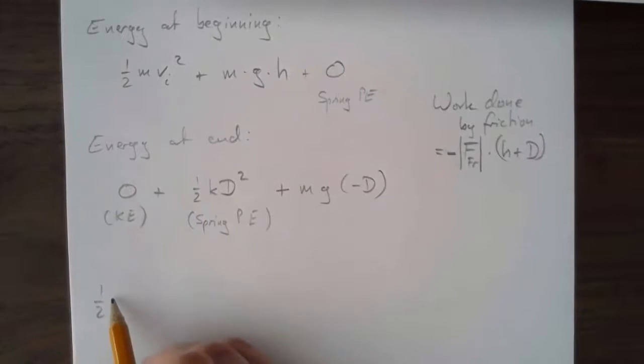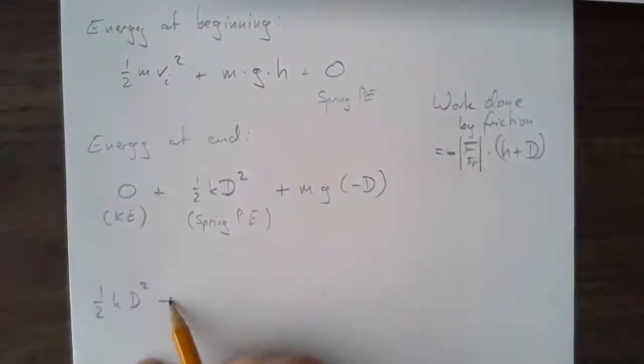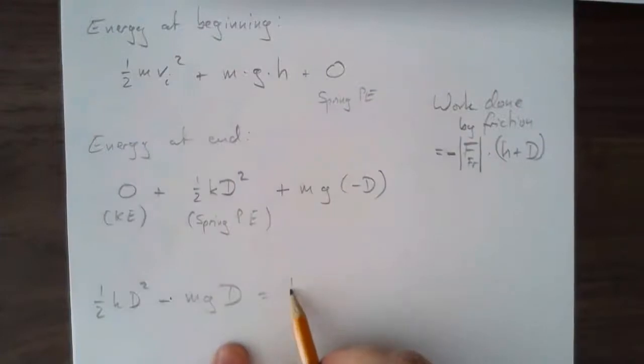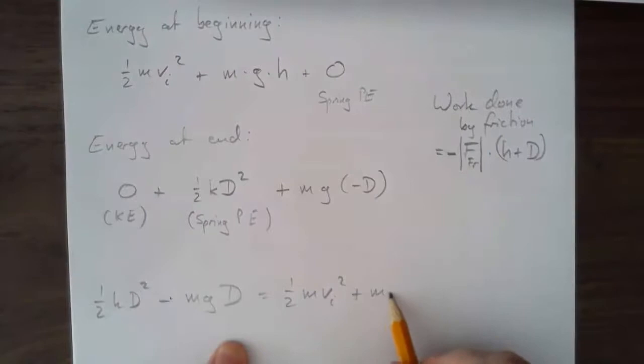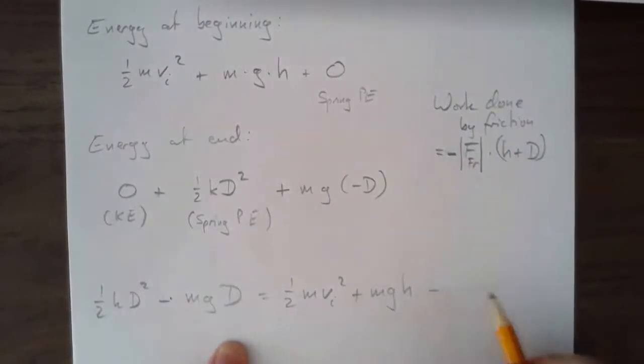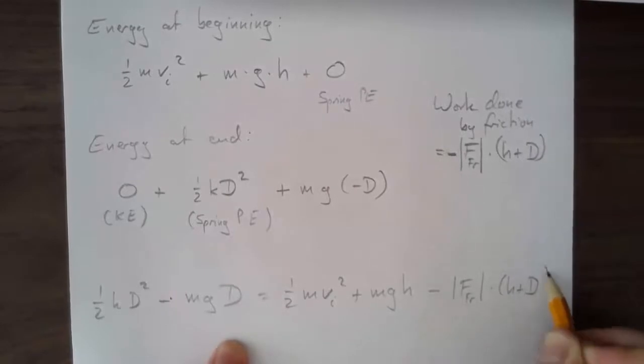I have 1/2 k d squared minus mgd, that being equal to what we start with, 1/2 m v_i squared plus mgh, and then we add this, so minus the magnitude of the force of friction times h plus d.